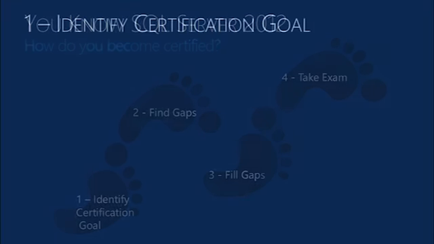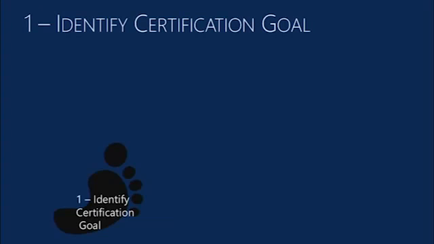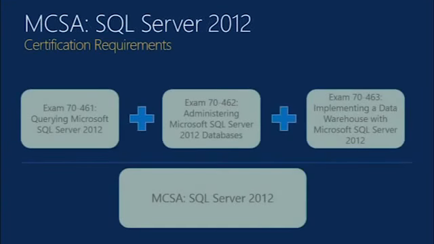Absolutely. So let's talk about item 1, figuring out exactly what needs to be done to become certified. As it turns out, there are 3 exams to achieve the MCSA, Microsoft Certified Solutions Associate, on SQL Server 2012. There's an exam on querying, 70-461. There's an exam on administering SQL databases, which oddly enough is the one we're here to talk about, 462.